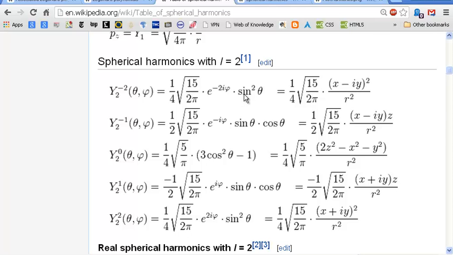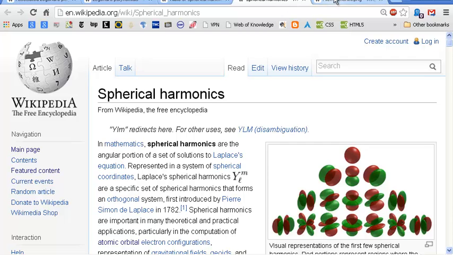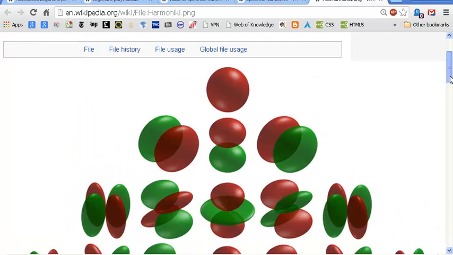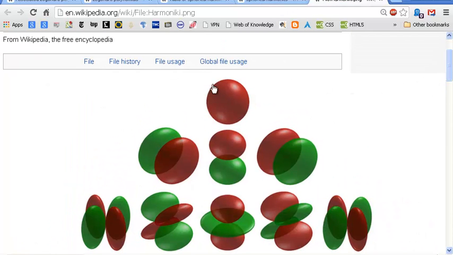So let's actually plot these functions. And here they are plotted. This is L equal 0, M sub L equals 0. It's just a sphere, just as we thought. There's no dependence on the angle.